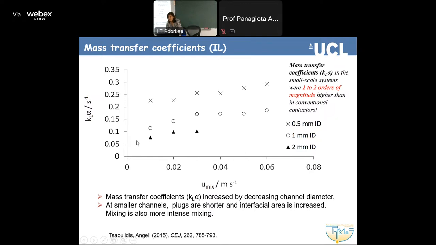You get the best, the highest mass transfer coefficients with the smallest channel. When we increase the channel size, we lose some of the intensification. The mass transfer coefficients get lower, but they are still good enough. And I have a table to compare all these mass transfer coefficients, but they're quite significantly higher than what you get in stirred vessels, for example.